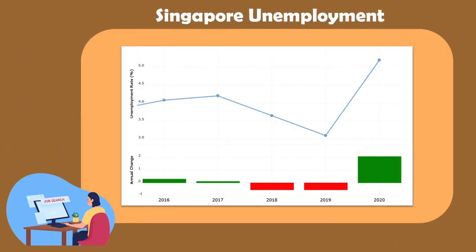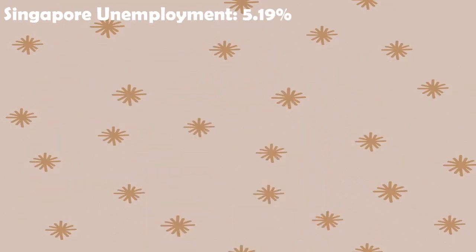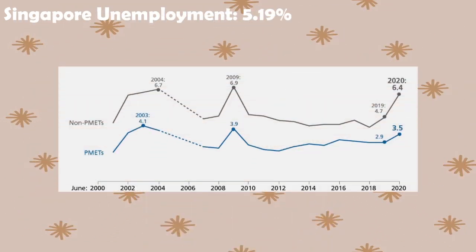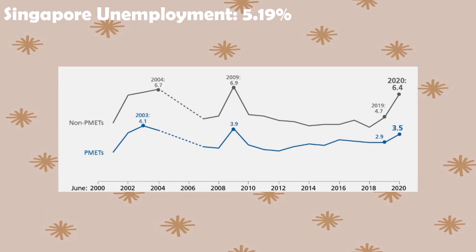Moreover, the unemployment rate in Singapore was recorded at 5.19% in 2020. Between 2019 and 2020, the unemployment rate climbed more among the non-PMETs than it did among the PMETs. The rates for both categories, however, have stayed below the earlier recessionary peaks.